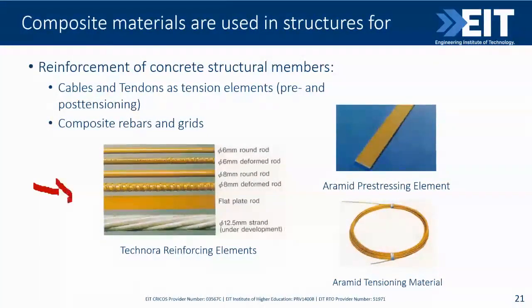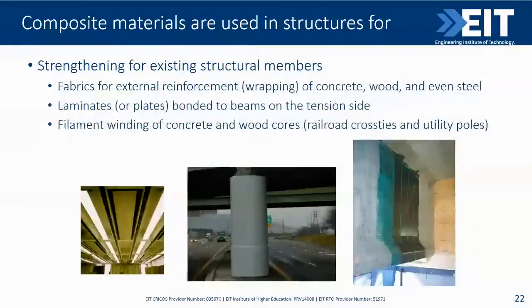So that's some rebars here, some tendons, and the other forms, shapes of pre-stressing elements. That's one application. Another application is the strengthening of existing structures. So fabrics for external reinforcement of concrete, wood, and even steel structure.